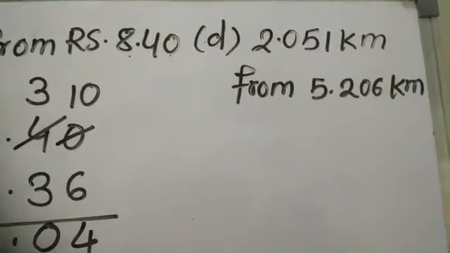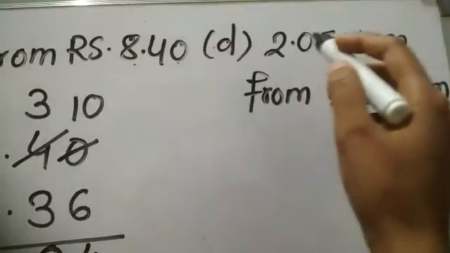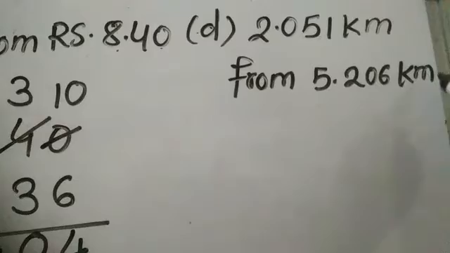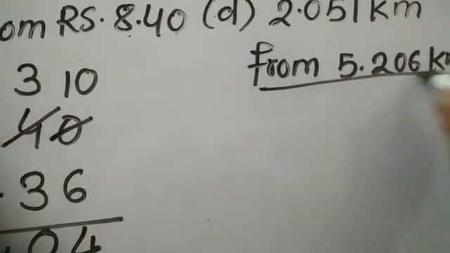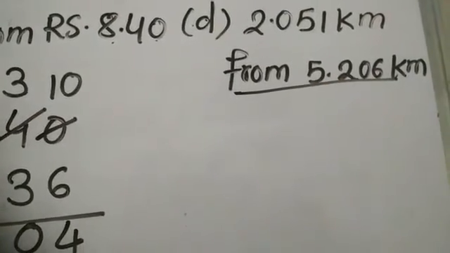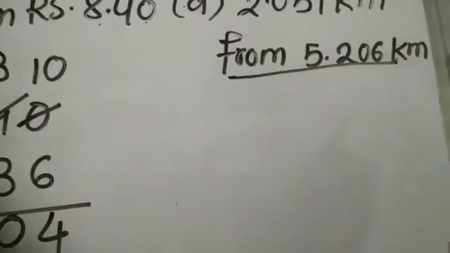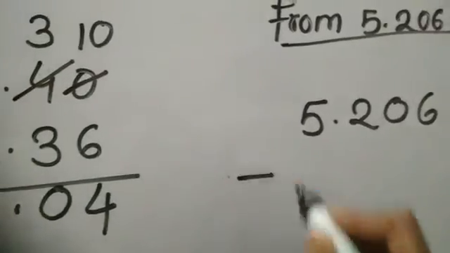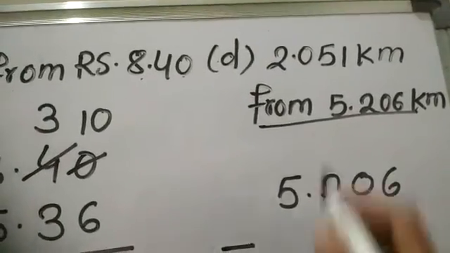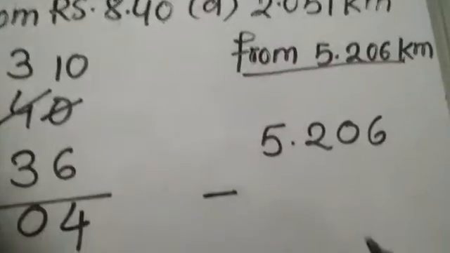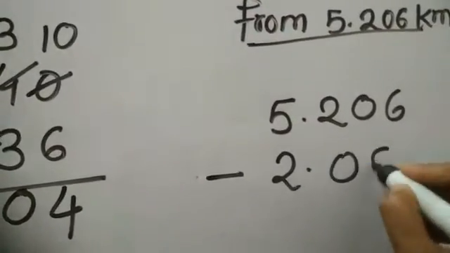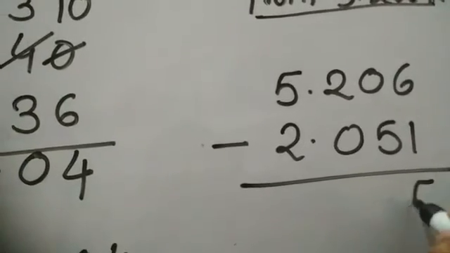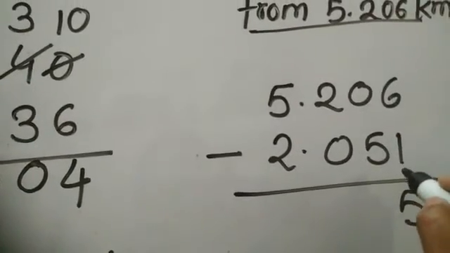Now let us solve the fourth example. Subtract 2.051 kilometer from 5.206 kilometer. So first we write 5.206. And then we have to subtract 2.051 from it. Now 6 minus 1, 5. 0 minus 5, not possible.